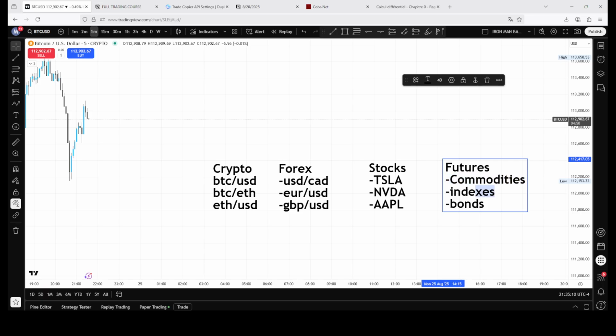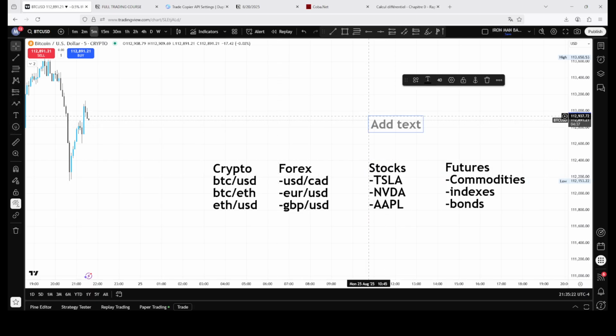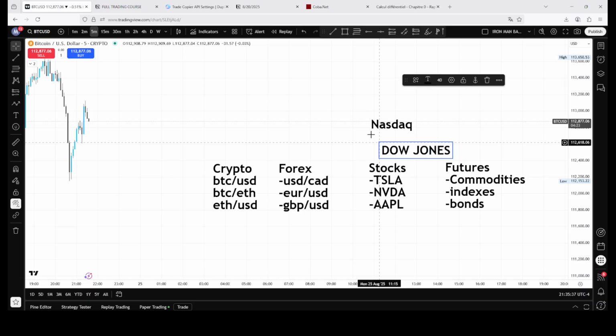And then you have indexes. Indexes, not to be mistaken with the stocks. Indexes are baskets of different stocks. So, for example, the most famous index is going to be the NASDAQ, which is the US Tech 100. So, the 100 biggest tech companies in the United States. Then you also have the Dow Jones, or US 30.